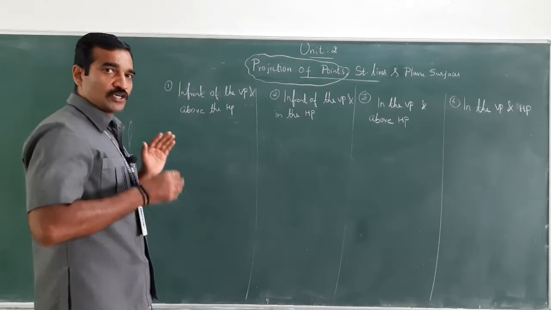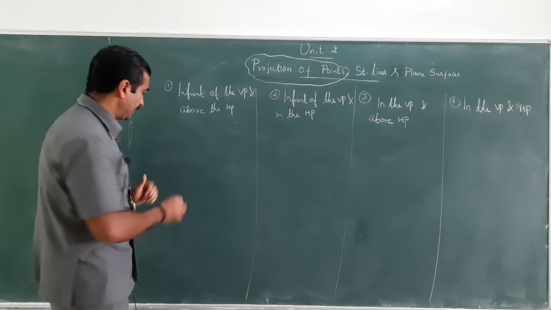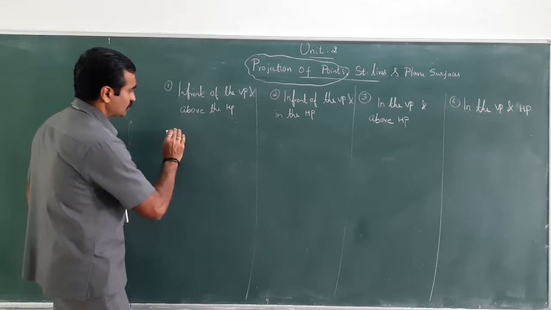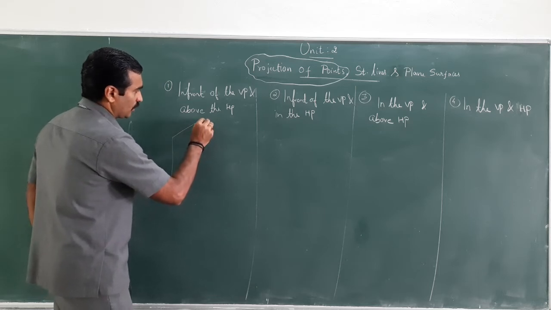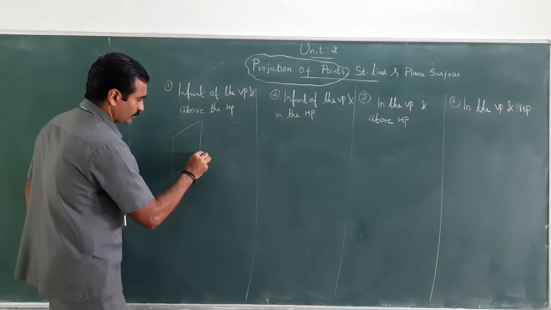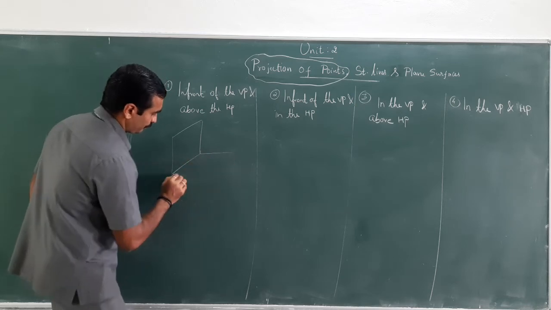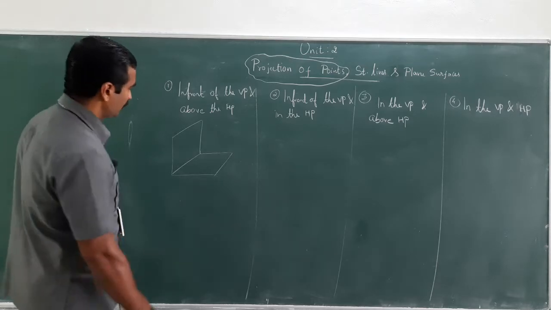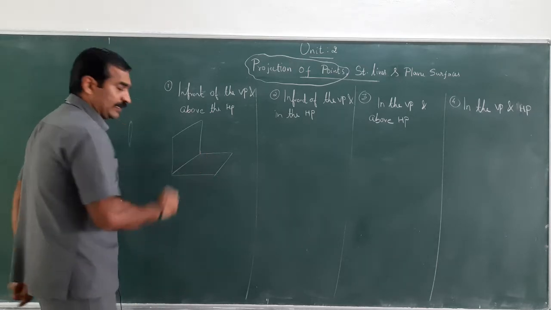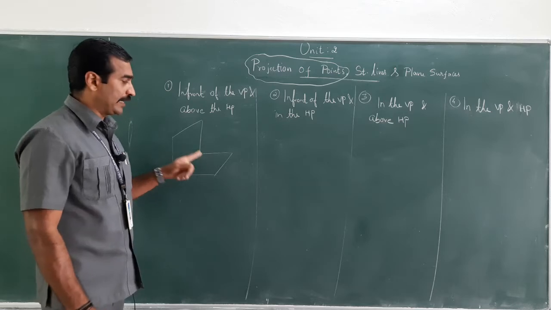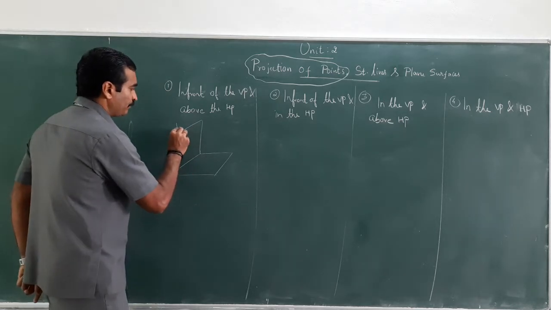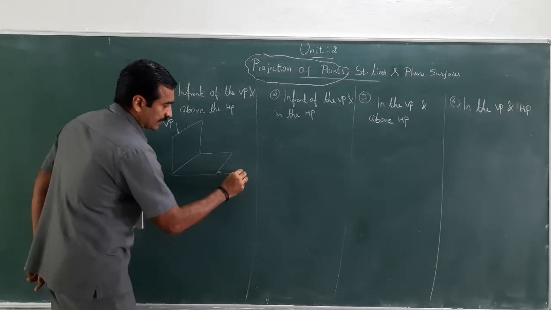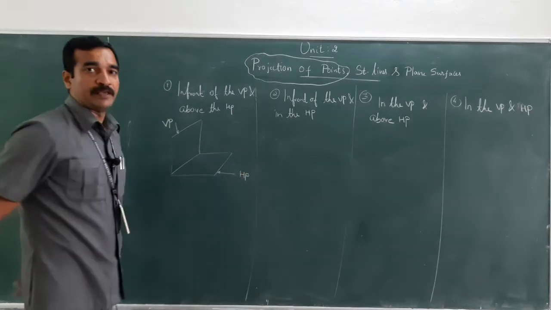Right. Let me just draw the first quadrant. This is the first quadrant. This is VP, that is the vertical plane, and this is HP, the horizontal plane.